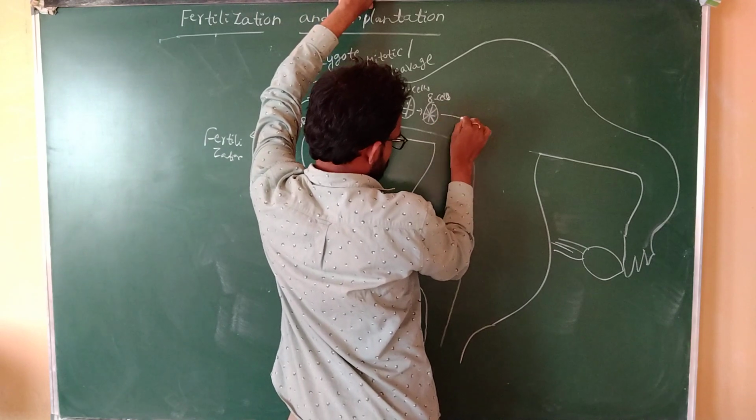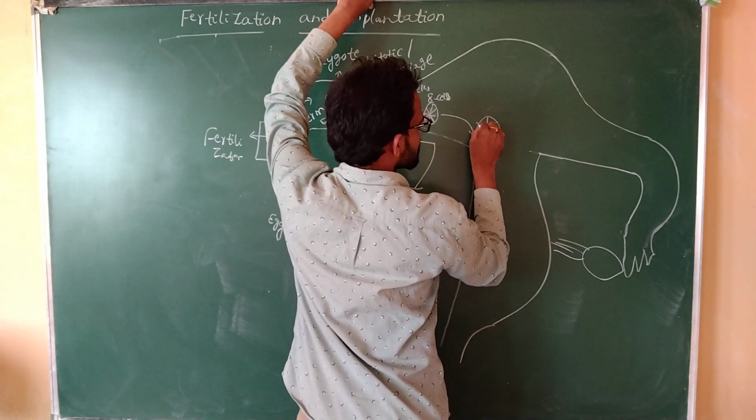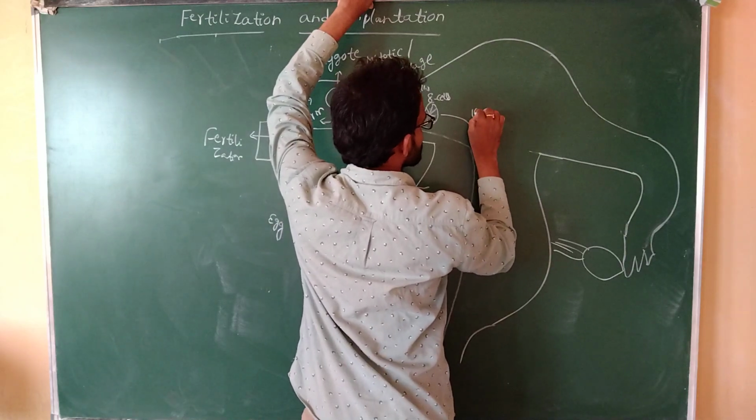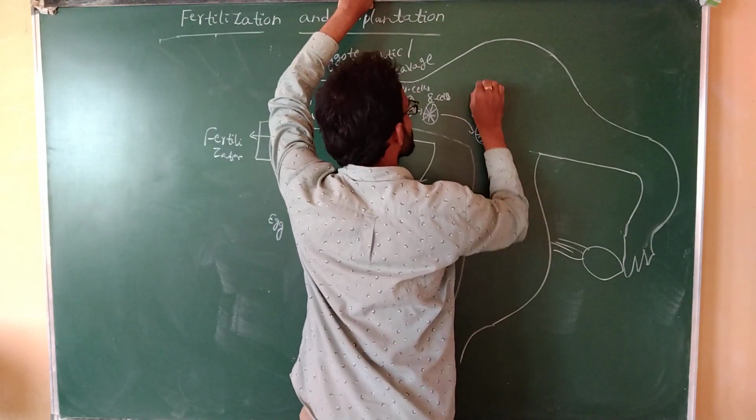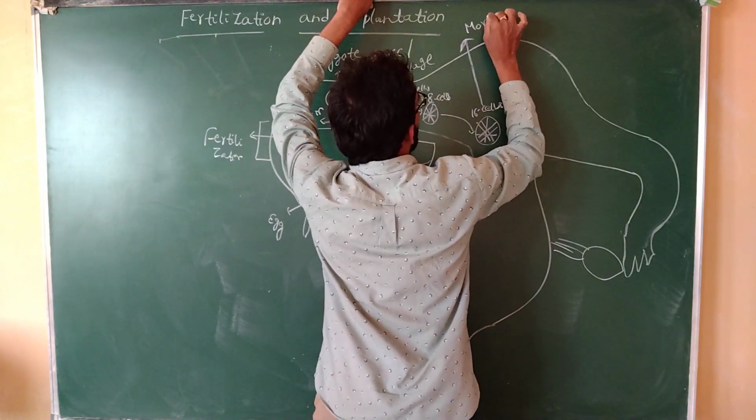After that, the 8 cells reach 16 cells. The 16 cell stage is known as a morula.